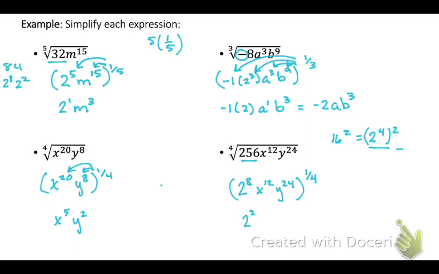Just distributed to 1/4. Mm-hmm. X to the what? Third. Y to the? Last step. Can't leave it like this. 2 squared is what, guys? 4. So 4x cubed y to the 6th. We're so smart.